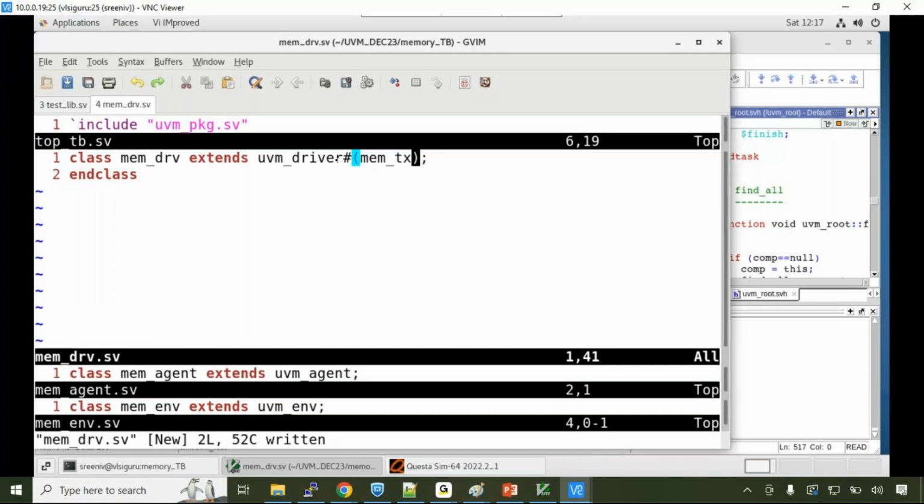Once you reach this stage, once you develop driver, sequencer, monitor, and coverage and understand the template, the remaining coding will only take half an hour. Why it will take only half an hour is because of the way we developed the driver. In driver, what did we do? Get the transaction, call drive transaction. How did we implement monitor?